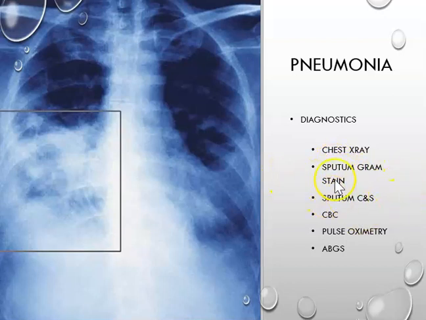When they collect these, they will also do a culture and sensitivity report to see what that microorganism is susceptible to. CBC, we're really looking at elevated white counts to measure how their body is responding to antibiotics and to our other treatments, pulse oximetry, and ABGs.